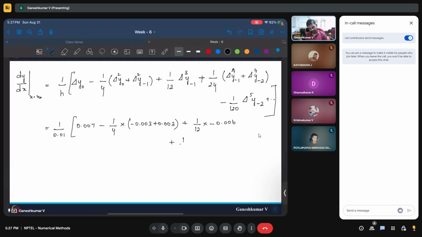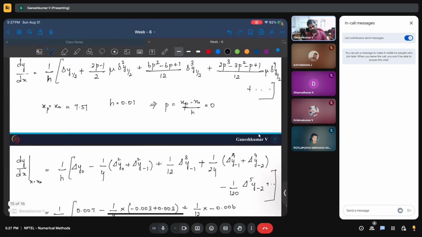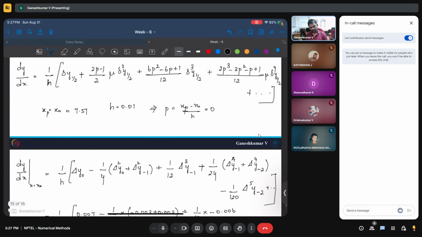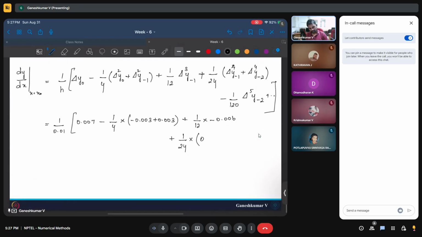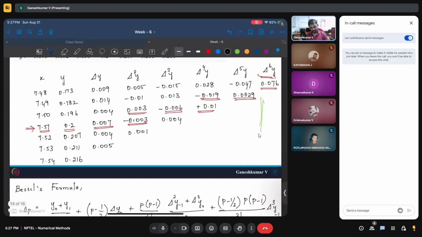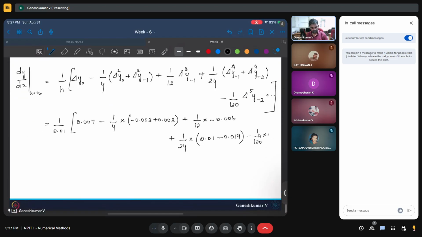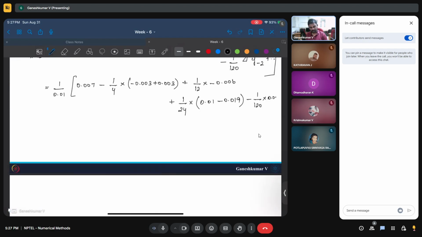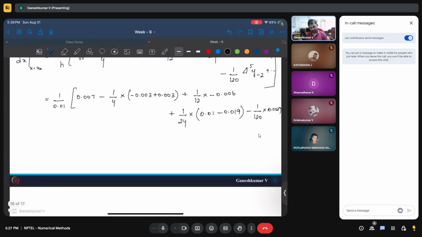Plus 1 divided by 24 into delta power 4 y minus 1 and y minus 2, which is 0.01 minus 0.019, minus 1 divided by 20 into delta 5 which is 0.0029.